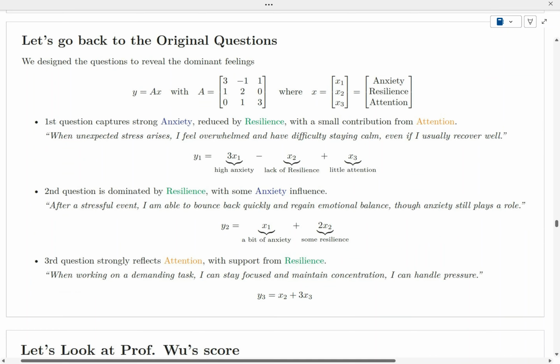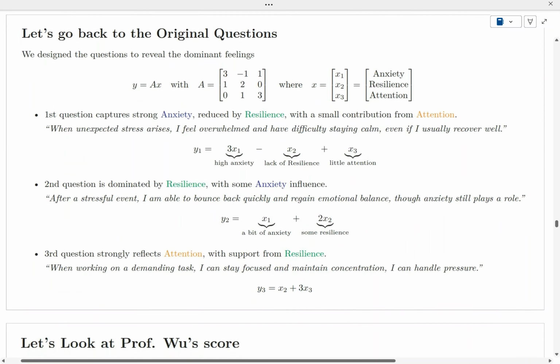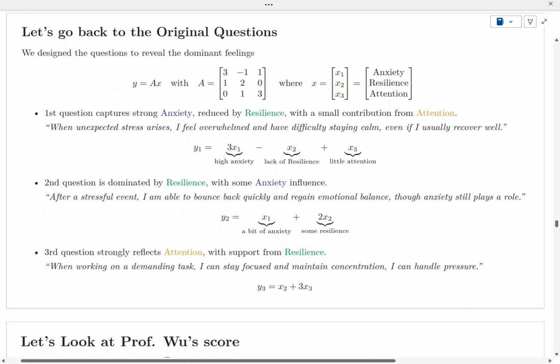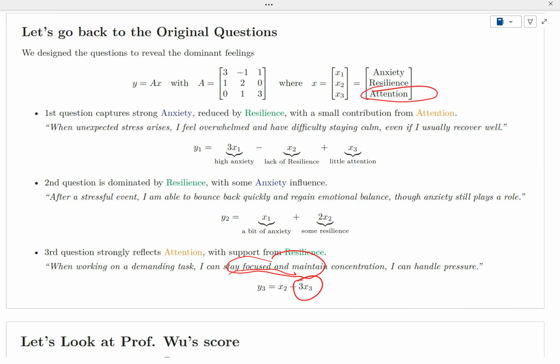And the third question is attention: when working on a demanding task, I can stay focused. So this is a high attention, x3. And I can handle pressure. So it's resilience and attention. If you score high on this one, it says you're more like that.